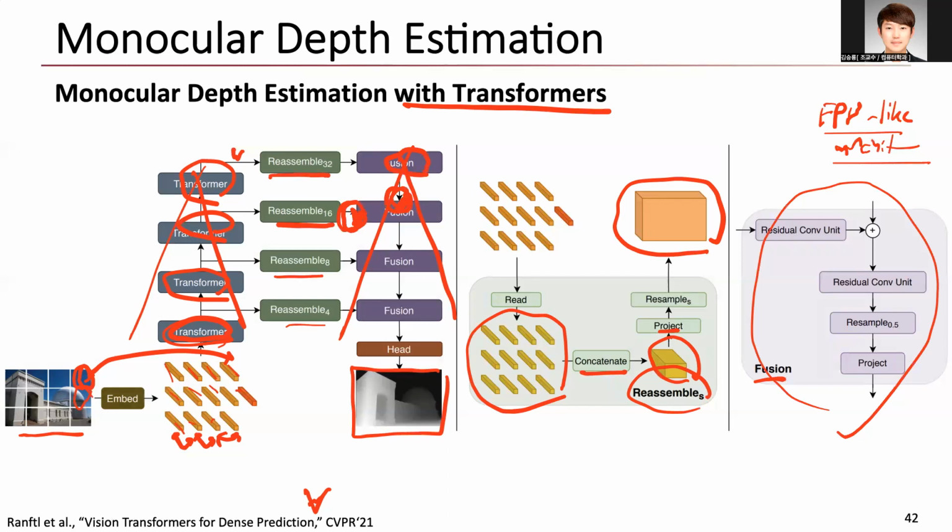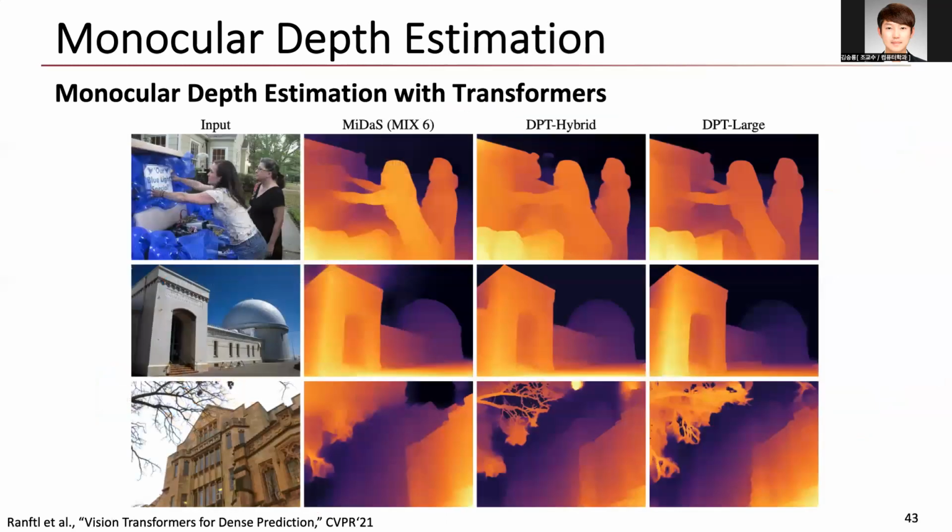Fusing the outputs from the convolutions, we finally achieve a depth map that looks like this. This is the result by DPT, the Dense Prediction Transformer. This is a single image, a monocular image. By learning the mapping function between input images and output depth values, from color texture to depth values, we can achieve high-quality depth information like this.